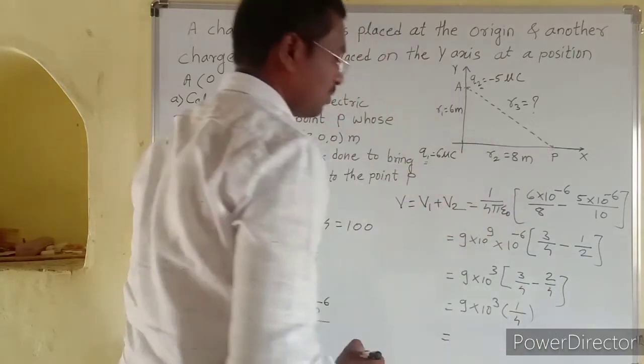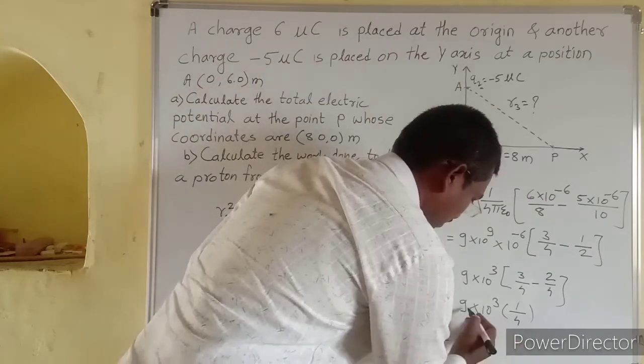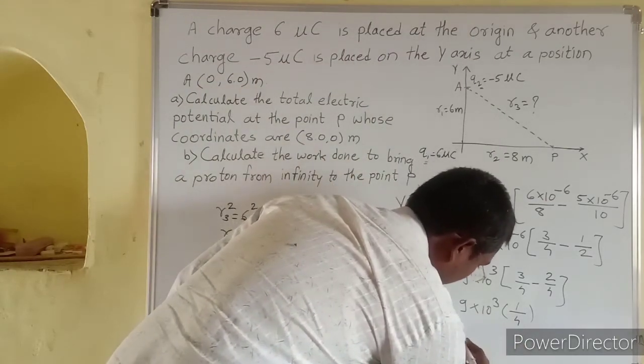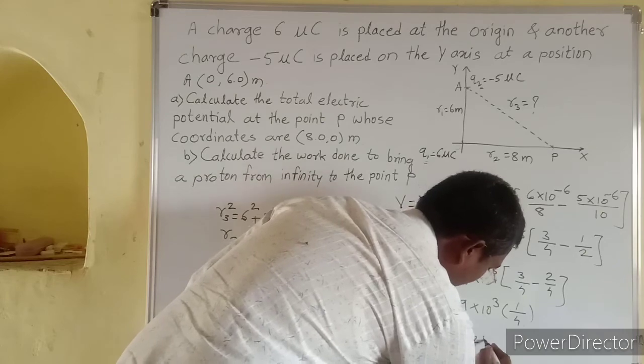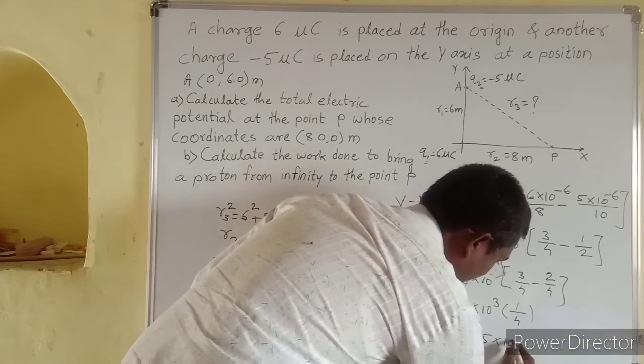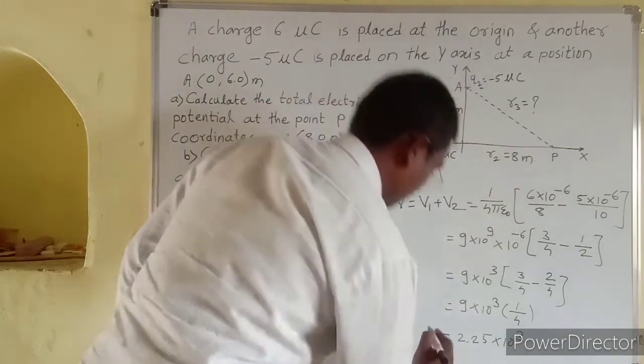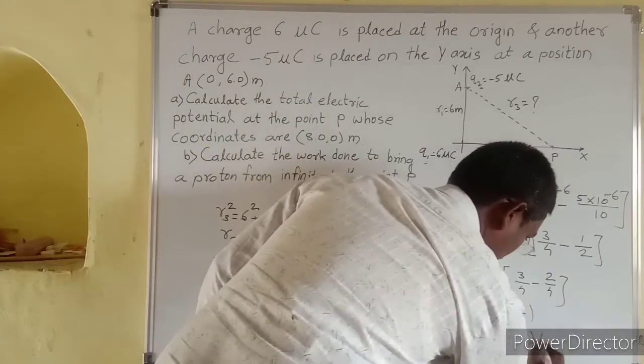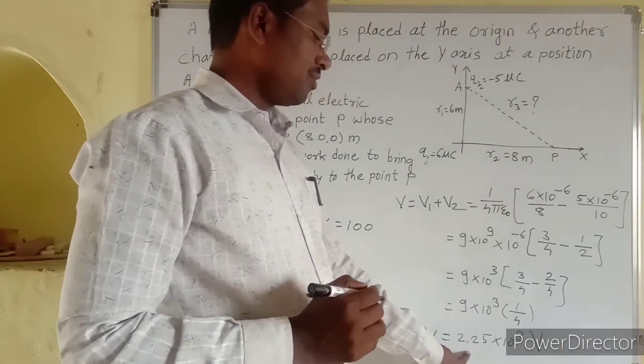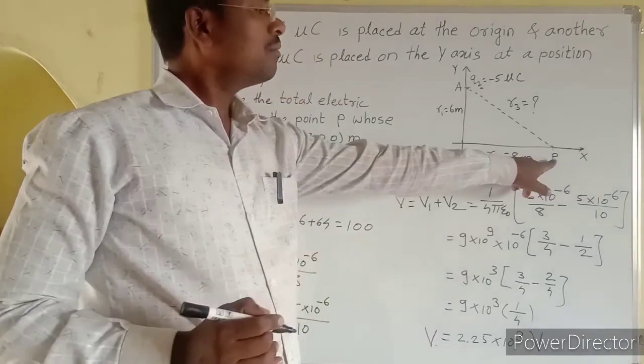That is 9 by 4, which means 2.25 into 10 raised to 3 volt. Okay, that is the potential at point P.